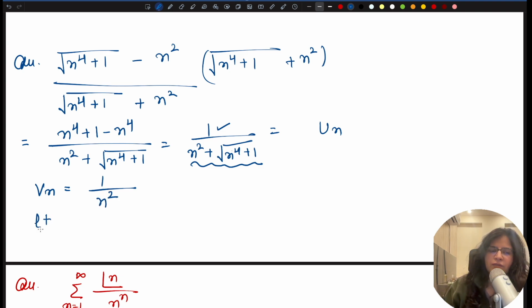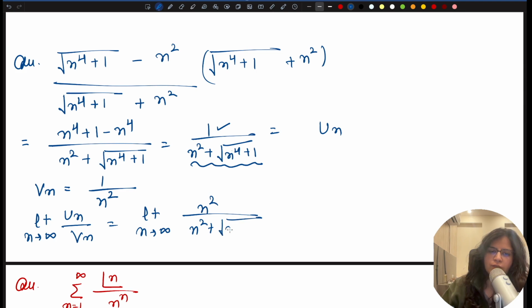Now you take limit n tends to infinity un by vn and that is equal to limit n tends to infinity n square by n square plus under root n to the power 4 plus 1. So this is equal to limit n tends to infinity n square by, if I take n square out, 1 plus under root 1 plus 1 by n to the power 4.